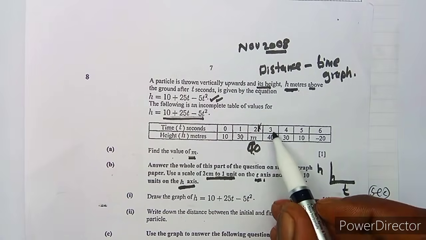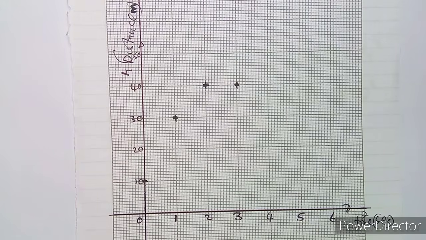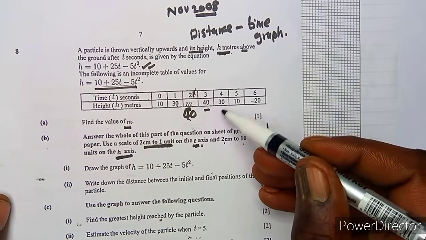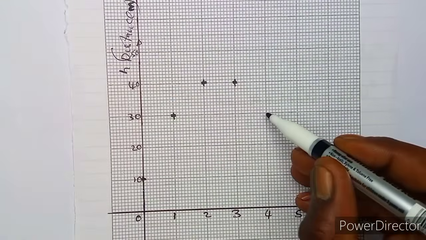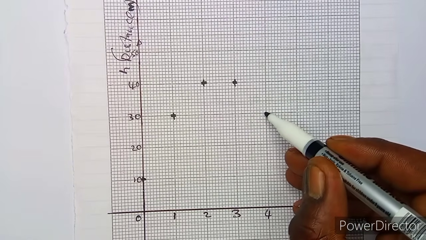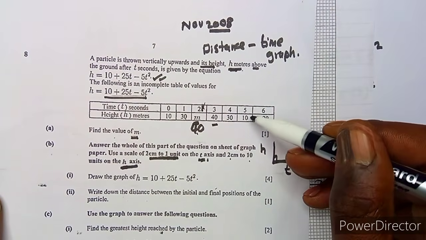Okay. Then we have 3 versus 40 again. And another one, that is 4 and 30. This one, 4 and 30. So that's 4 here, on the t-axis, versus your 30 here. All right, so you simply mark your points properly. 5 and 10.